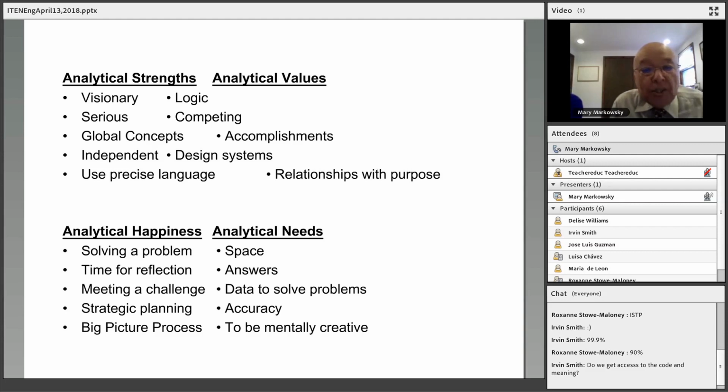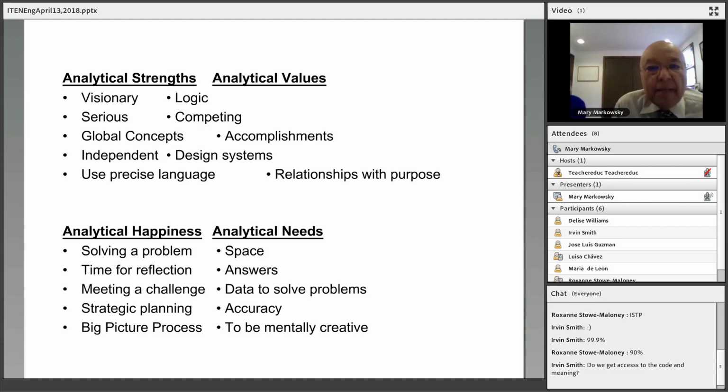You like logic, you like competing accomplishments, you like to design systems, and you like relationship with purpose. Your happiness: solving a problem, time for reflection, meeting a challenge, strategic planning, big picture process. And what you need is space, answers, data to solve problems, accuracy, and to be mentally creative.